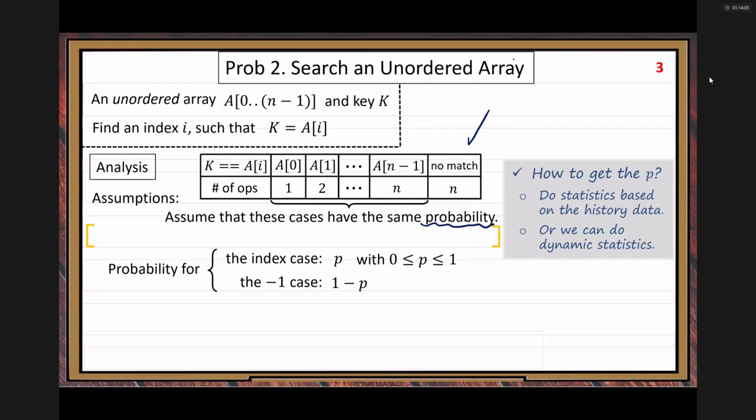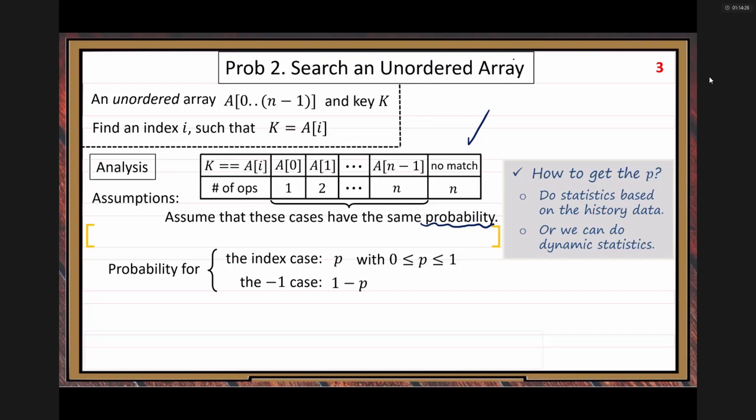On the fly, you can do dynamic statistics, because you have all the history data. So you have that p. That's another way to get this p.